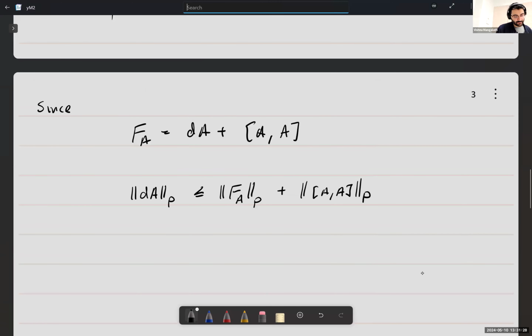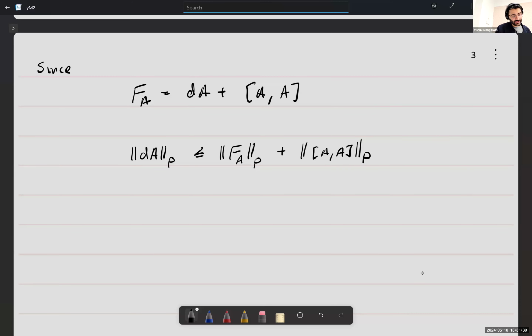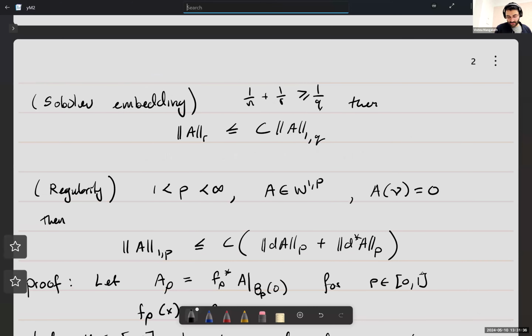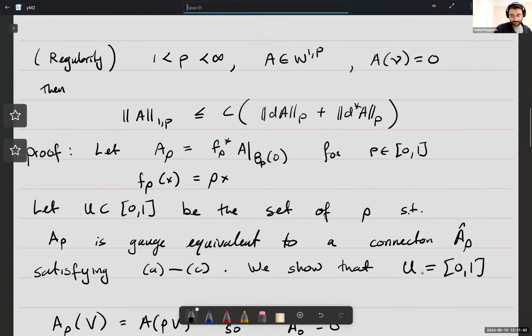Now we have d star A equal to 0, so we can just ignore that term. So we just get that the dA P norm bounds A1P.